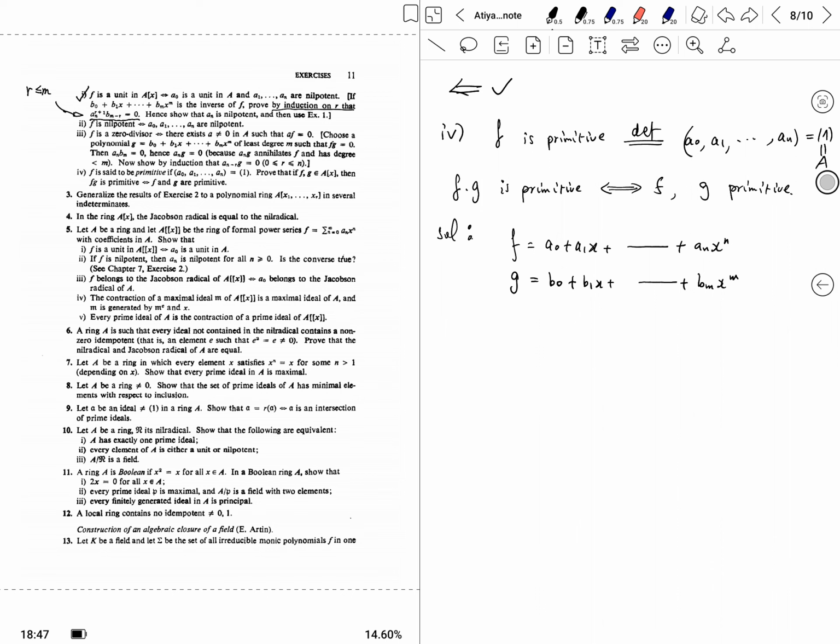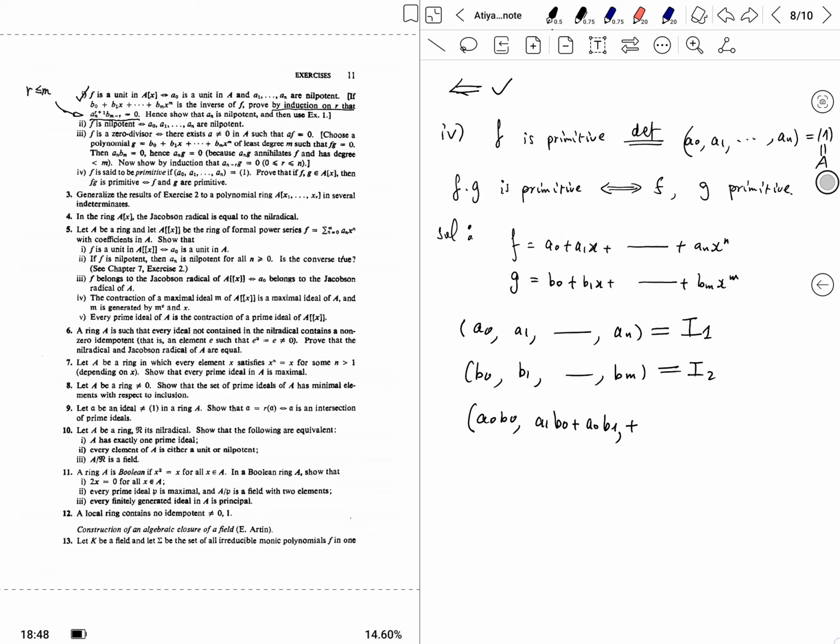The question is about three ideals. The first ideal is the one generated by the coefficients of f, let's call this I1. The second one is generated by the coefficients of g, I2, and the third is the one generated by the coefficients of f times g. We know what they should be. Degree 0 term is a0b0, then degree 1 is a0b1 plus a1b0.